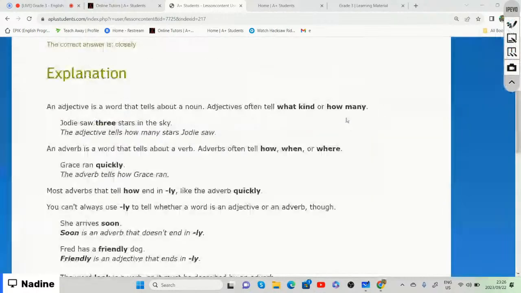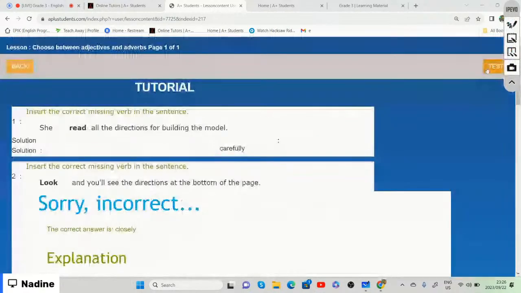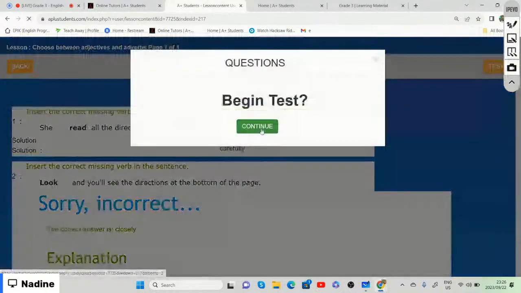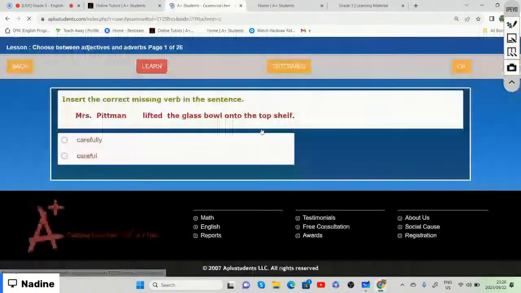All right, so now we're going on to our test. We're going to do a test now on choosing between adjectives and adverbs. So we're going to insert the correct missing word in the sentence. Mrs. Pittman lifted the glass bowl onto the top shelf.